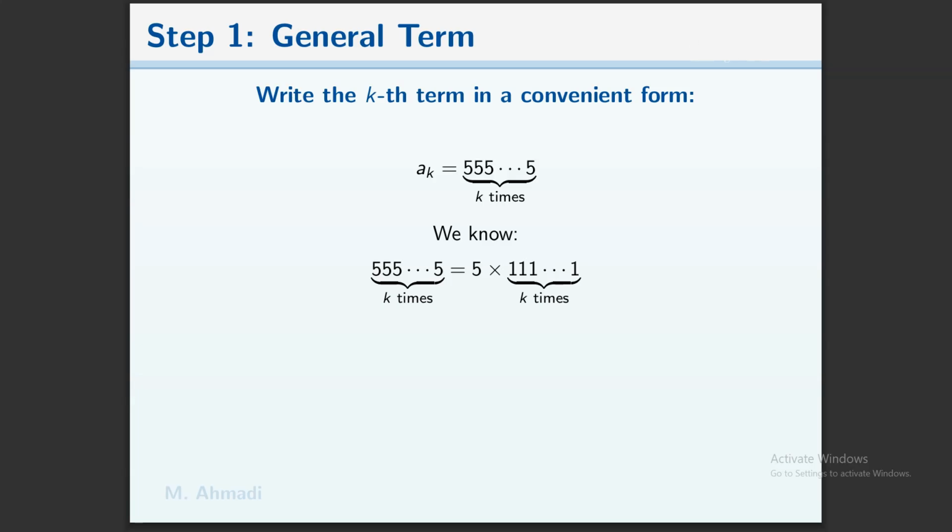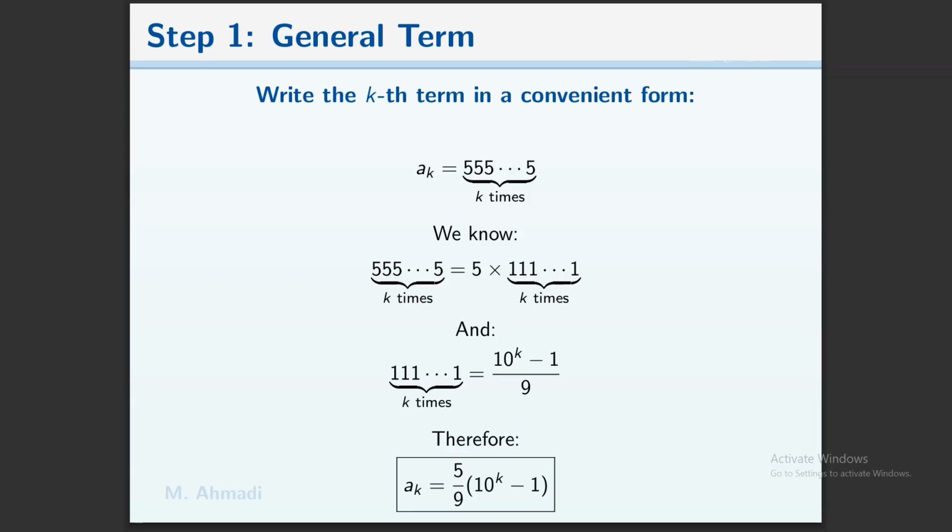So 111...1, k times, equals (10^k minus 1) over 9. Therefore, we can write the general term a_k equals 5 over 9 multiplied by (10^k minus 1).